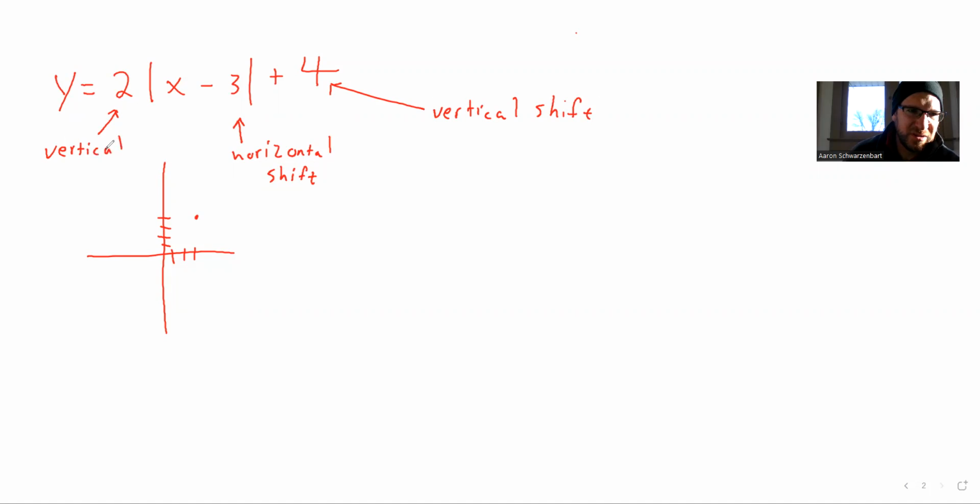If it's a number with an absolute value larger than 1, we called it a stretch, or we called it a compression if it was less than 1, because it's going to kind of shrink it down.